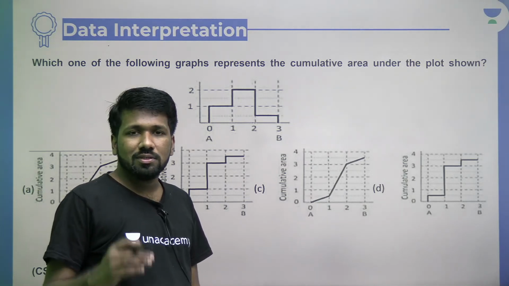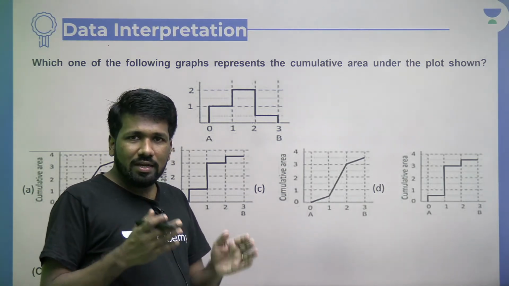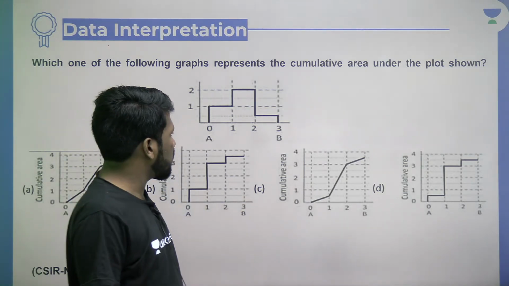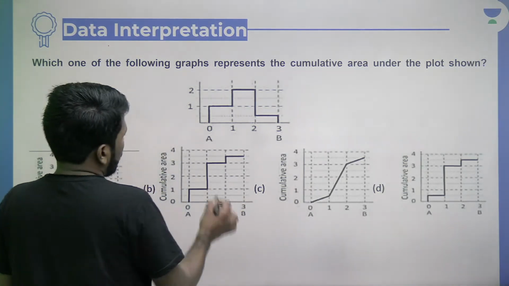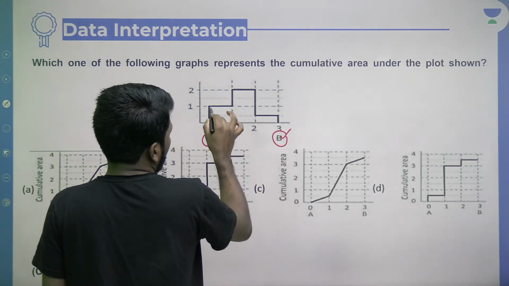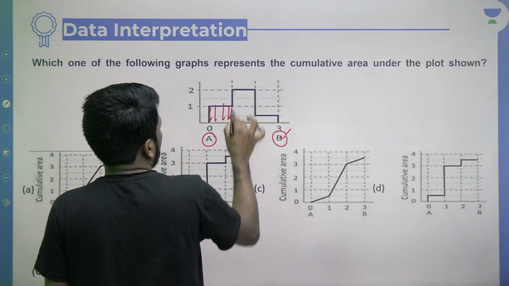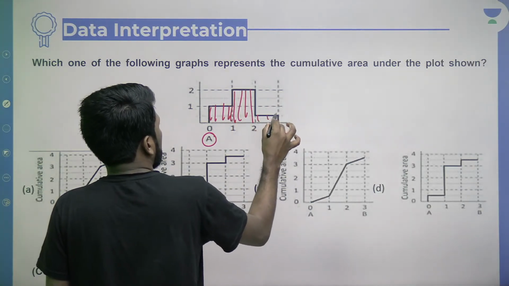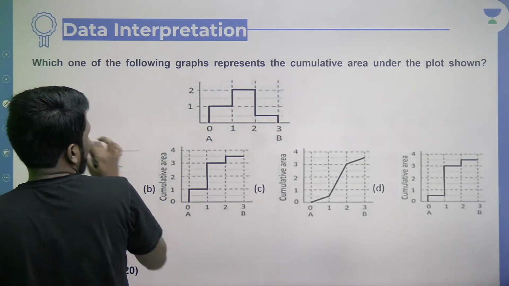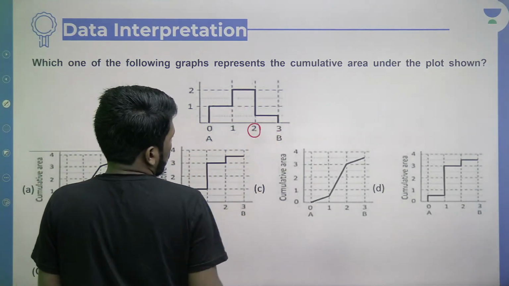Cumulative area means the total area till that region. For example, from A to B, reaching B, the cumulative area will be this area plus this area plus this area. That is a cumulative area. But what is the cumulative area corresponding to this point 2?